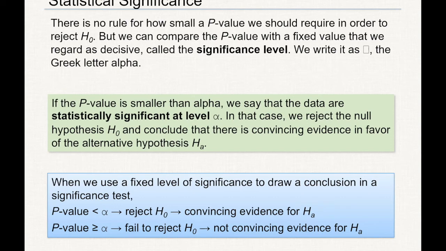Now, some of you may not have liked the wishy-washy way in which we talked about it being small or large. Well, we also have this significance level value that we can use, and that's given by the Greek letter alpha. And alpha is going to be an important value to learn. We typically deal with the idea of 0.05 as the benchmark, where it's a black and white idea.